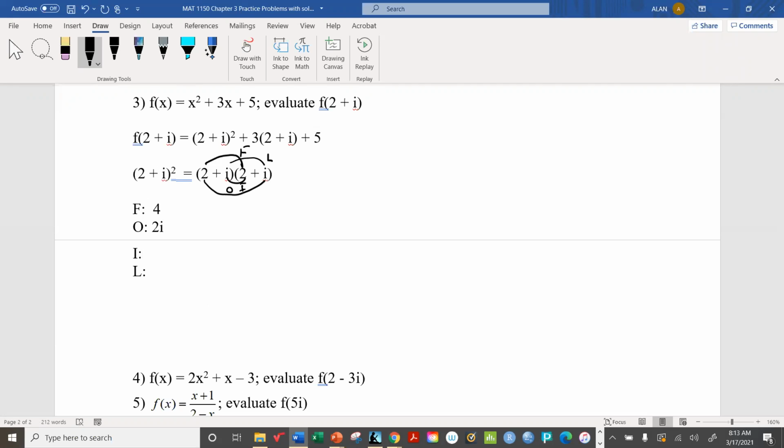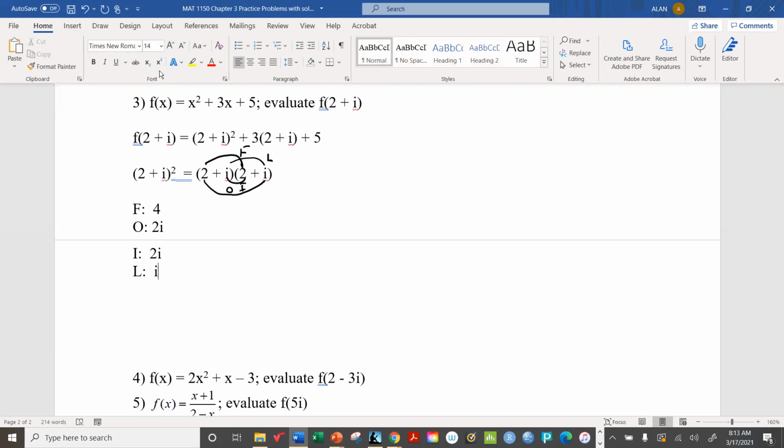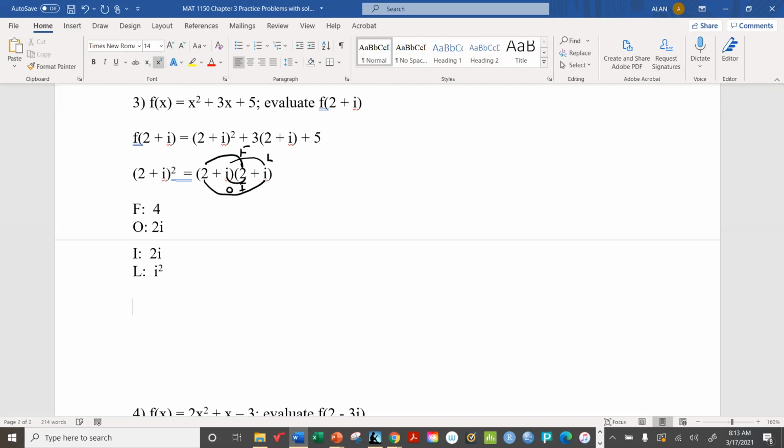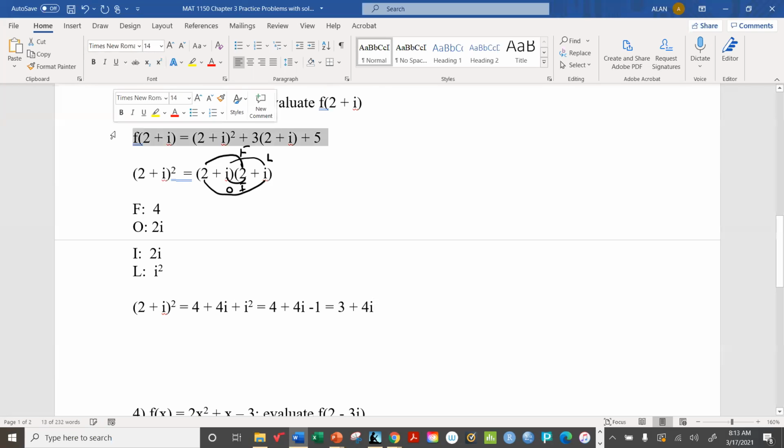For the inner, we're getting 2i again. And for the last, we're getting i squared. All right, so when we consolidate these, we're just reminding ourselves this is (2 plus i) squared. Therefore equals 4 plus 4i plus i squared. But remember, i squared is simply -1. So we end up with 3 plus 4i for this part of the expression.